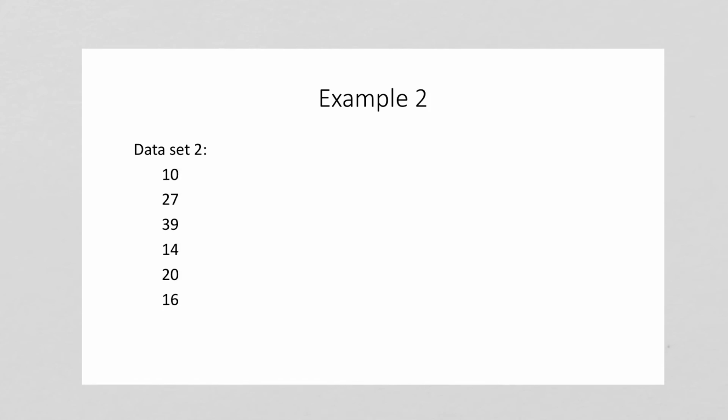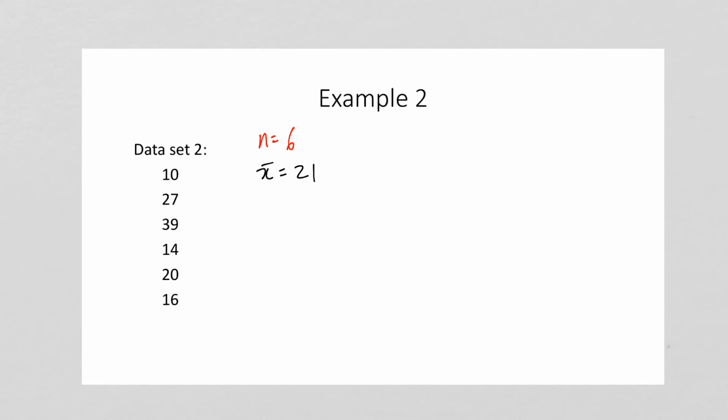We'll start with n. N is equal to 1, 2, 3, 4, 5, 6. N is equal to 6. The mean this time is going to be 10 plus 27 plus 39 plus 14 plus 20 plus 16 divided by 6, which is going to give me 21.